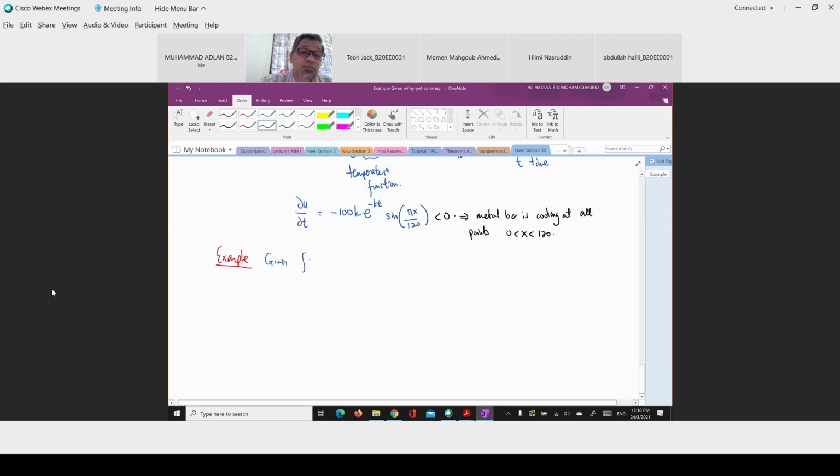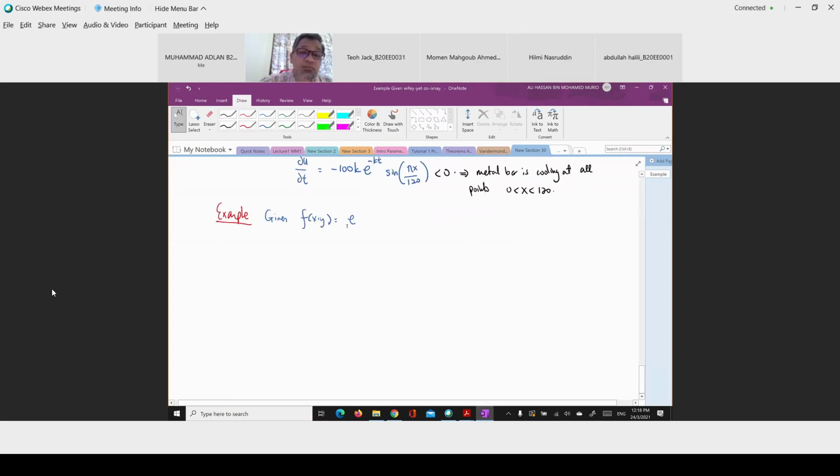First, we are given f(x,y) equal to e to the power of... say something about... x cubed y minus xy cubed times x squared plus y squared. So what is f partial x equal to?